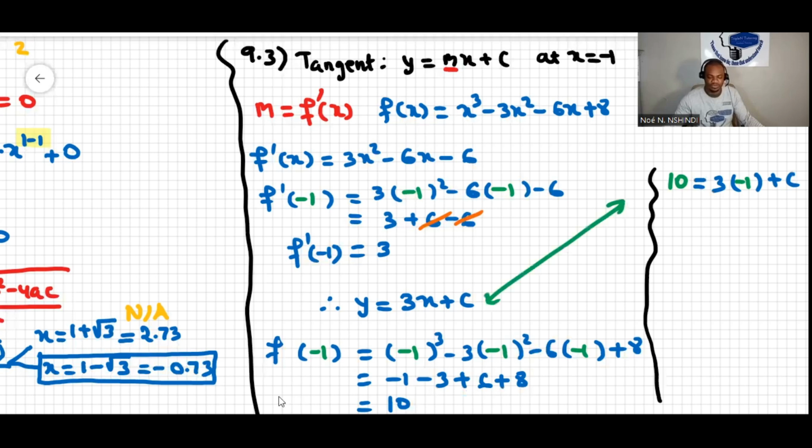Now this will be 10 equal to negative 3 plus c. If I move the negative 3 over, that makes 13. Let's just do the step: 10 plus 3 equal to c, so 13 equal to c. Therefore, the tangent at x equal to negative 1 will be the gradient, which is 3x, plus 13.